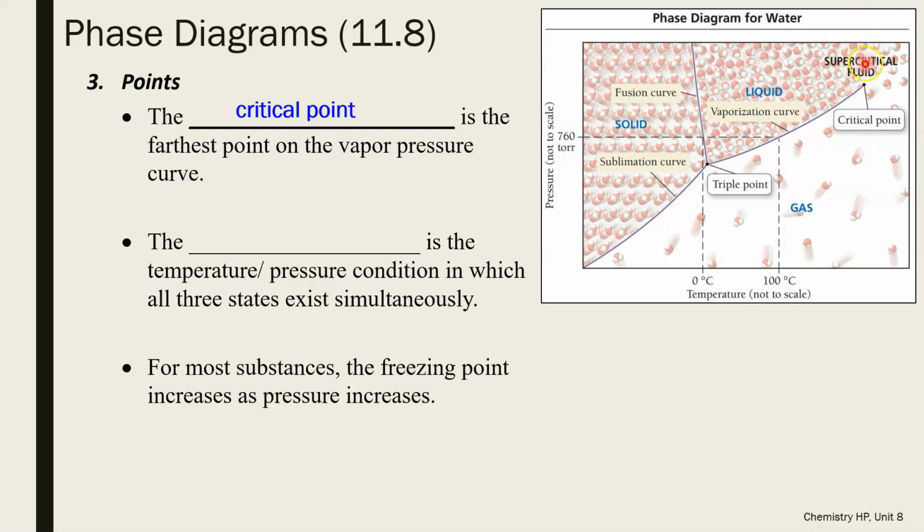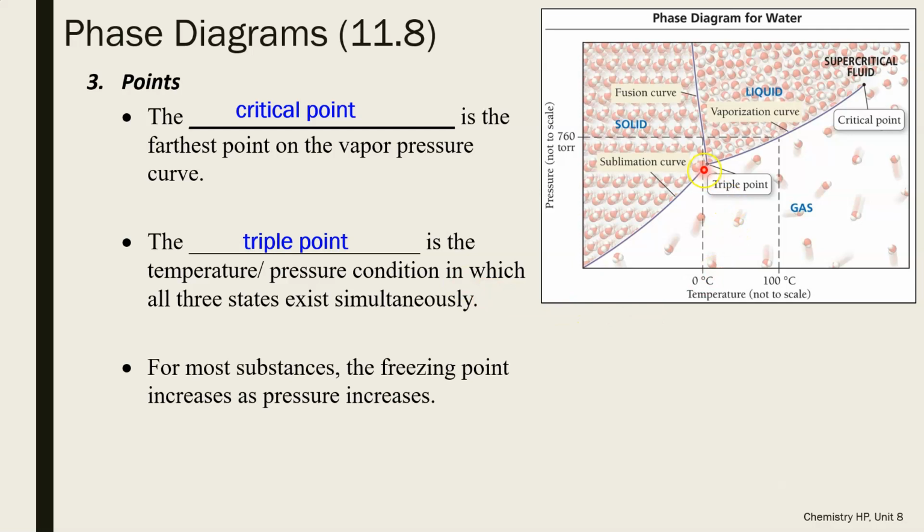If I can draw a perfectly straight line here, it would look something like that. We have a line that goes straight up, and then it doesn't matter what the temperature is. If it was at a temperature beyond that, it would be a gas, and pressure would just be increasing straight up and down that line.